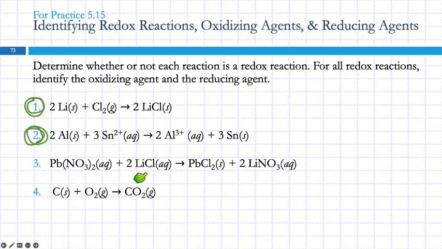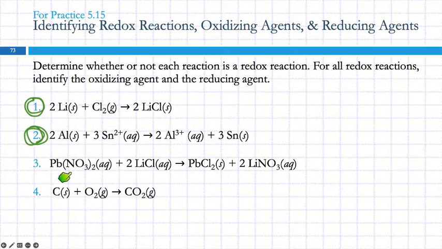Here what we have, see this solid here? That's a precipitation reaction. So lead and nitrate, lithium and chloride went to a party in a beaker, and lead and chloride got into a long-term relationship, right? And lithium and nitrate are just hanging out, mingling with everybody else.